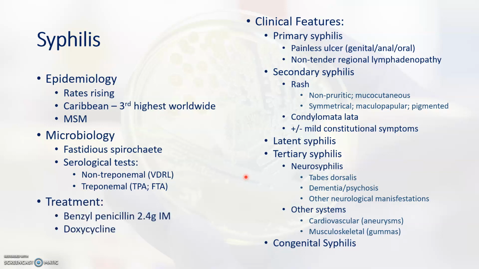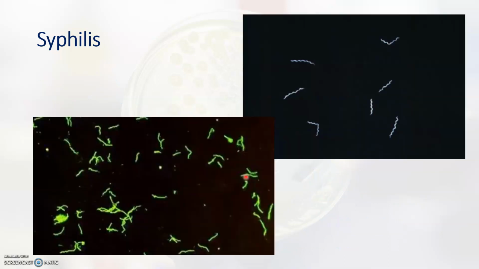Treatment is with a single dose of benzathine penicillin, 2.4 grams IM. In penicillin allergic patients, doxycycline can be used. And these are pictures of the syphilis organism, Treponema pallidum, dark field microscopy on the top, and immunofluorescence below.